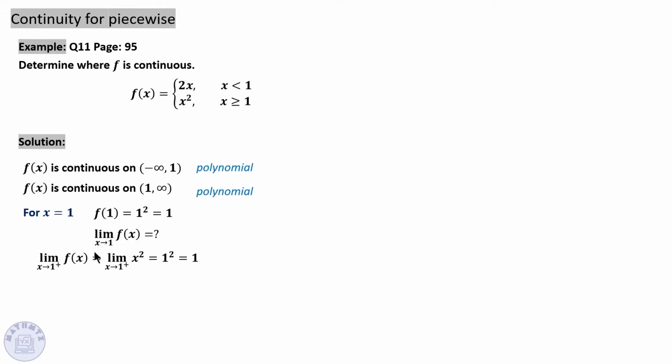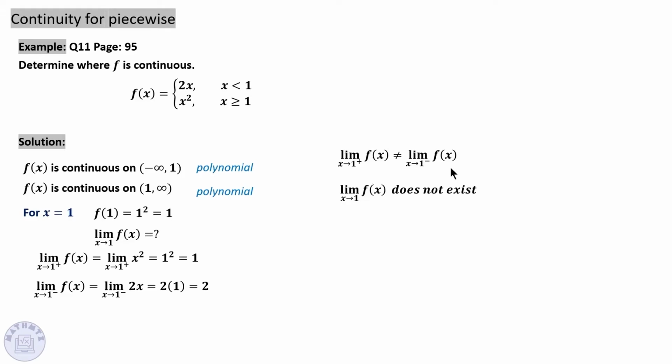And in order to find the limit from the right side, we will substitute with the expression for x larger than 1, and this is 1. With the left side, we will substitute with 2x, and this equals 2. Therefore, the limits are not the same, and we say that the limit does not exist. And this type of discontinuity is called jump discontinuity.